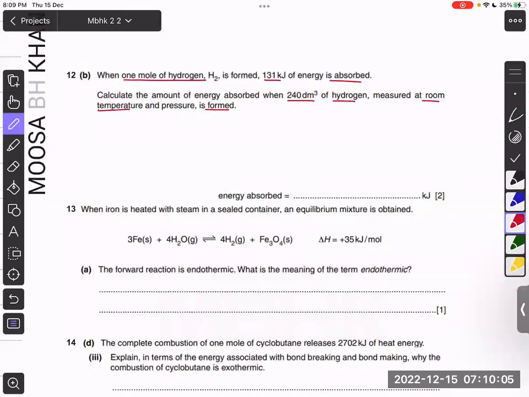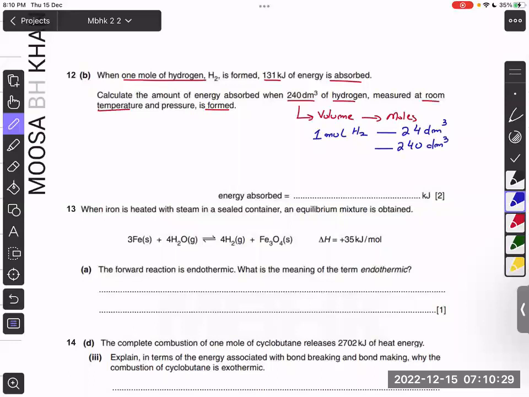So we have to convert this volume of hydrogen given into moles. And we know that 1 mole of any gas, right now the gas is hydrogen gas, occupies a volume of 24 decimeter cube. Right now, the volume of hydrogen gas is 240 decimeter cube.